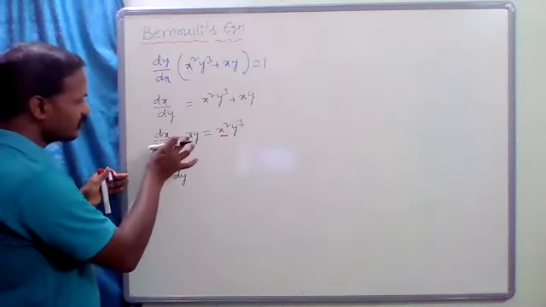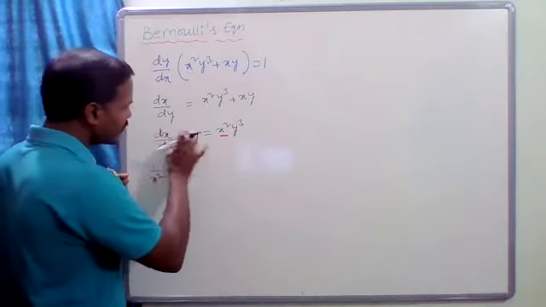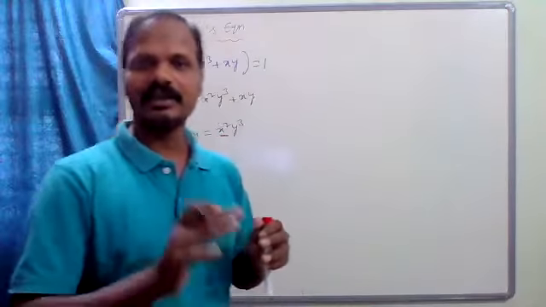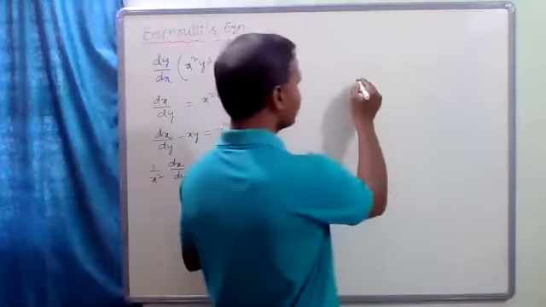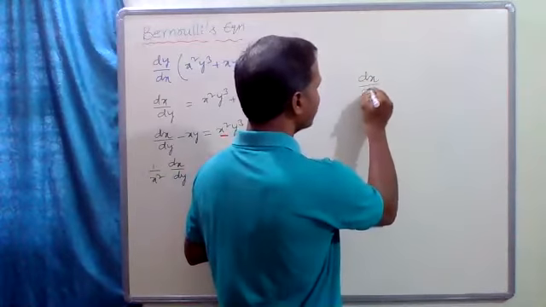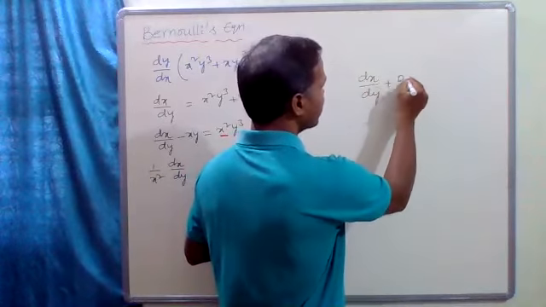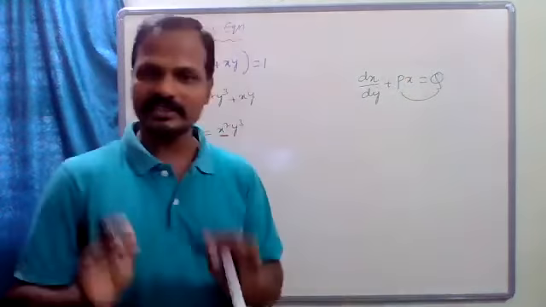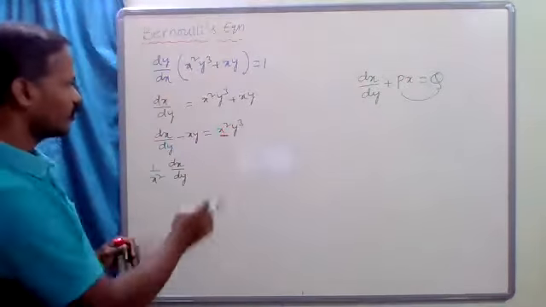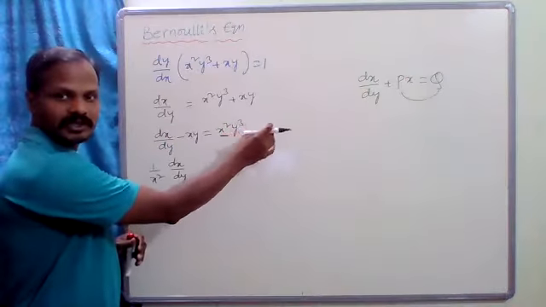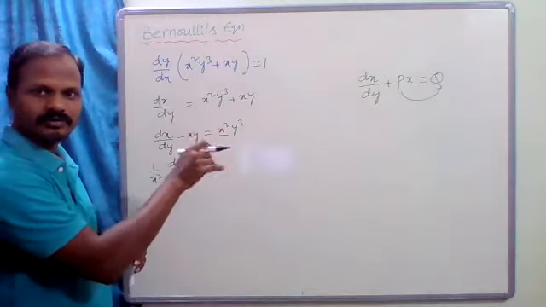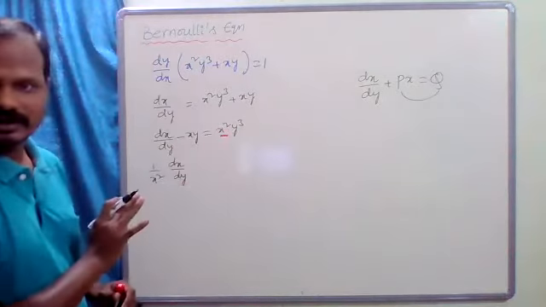When the equation is in the form dx by dy plus px equals q, then p and q are functions of y. So we have to keep only y terms on the right side, and all other terms which are in x move to the left side.